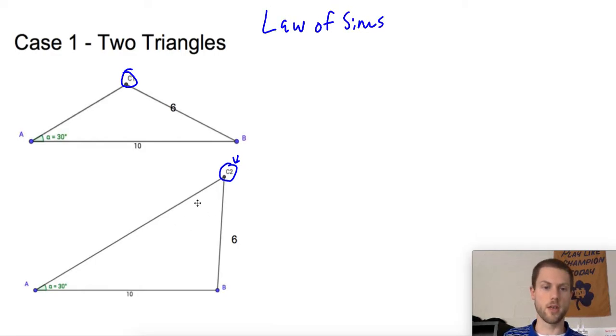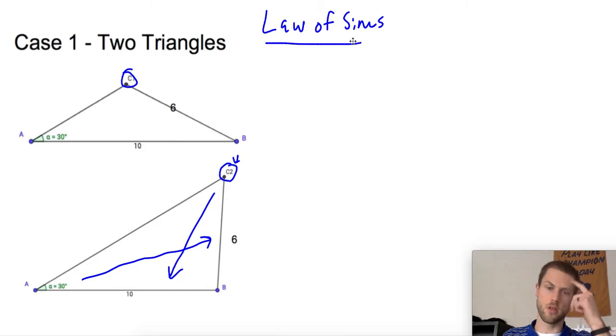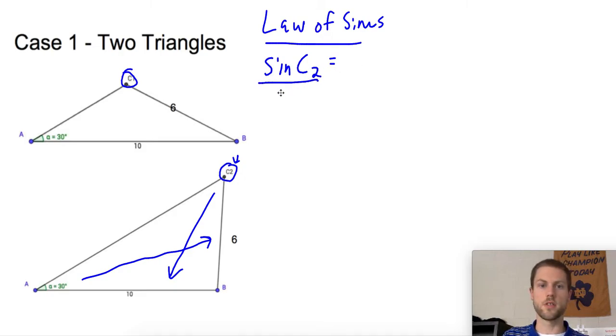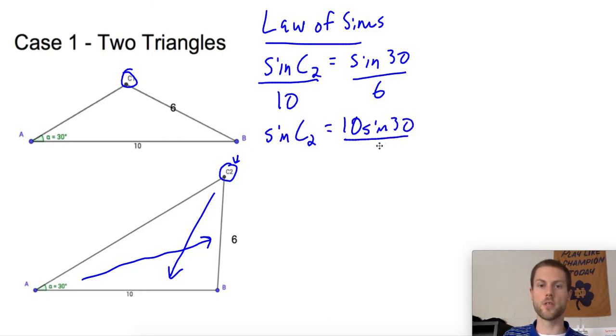I've got an angle and an opposite side, an angle and an opposite side. That's when I want to use the law of sines. So the sine of C2 over 10 is going to equal the sine of 30 over 6. If I solve this for sine of C2, I get sine of C2 equals 10 sine 30 all over 6.